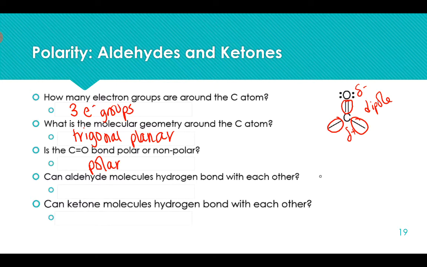So now let's think about our functional groups. If we have two aldehyde functional groups next to each other, so these are different molecules of aldehydes, we ask the question, can aldehydes hydrogen bond to one another? Can this molecule form a hydrogen bond to this molecule?